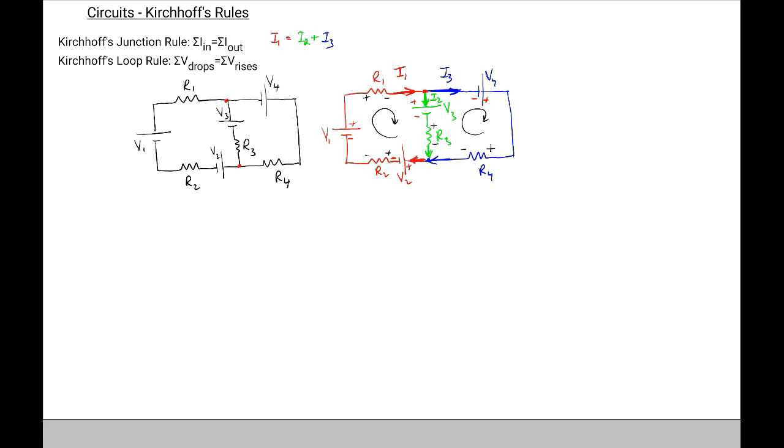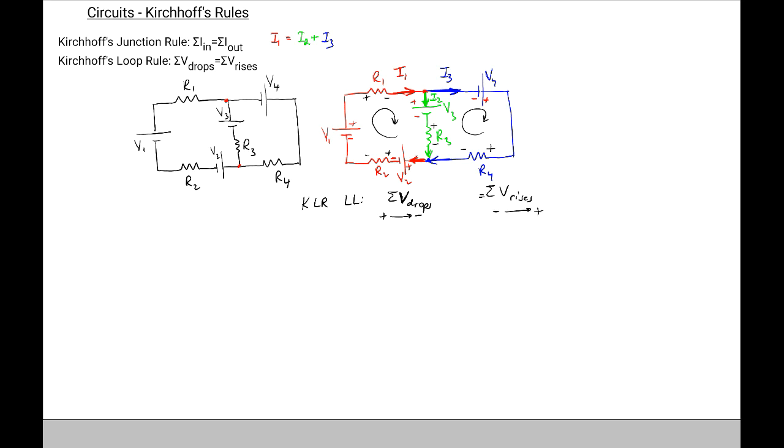So let me rewrite Kirchhoff's loop rule, and I'm doing the left loop, and I have sum of the potential drops, so V drop has to be equal to sum of the potential rises. Okay, so a drop is when we're going from plus to minus across an element, and a rise is when we go from a minus to plus.